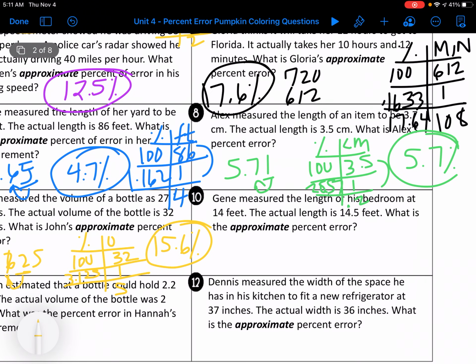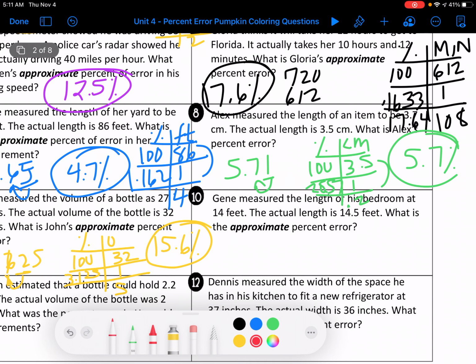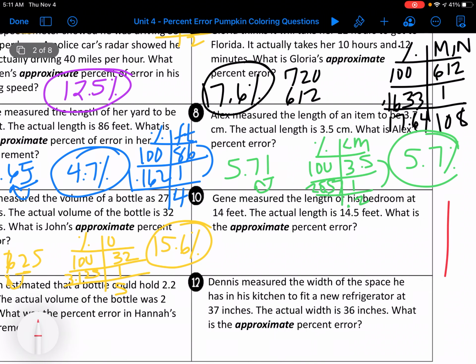Number 10, Gene measured the length of his bedroom as 14 feet. The actual length is 14.5 feet. What is the approximate percent error? So I know that the actual is 14.5. I know that he was off by half a foot.